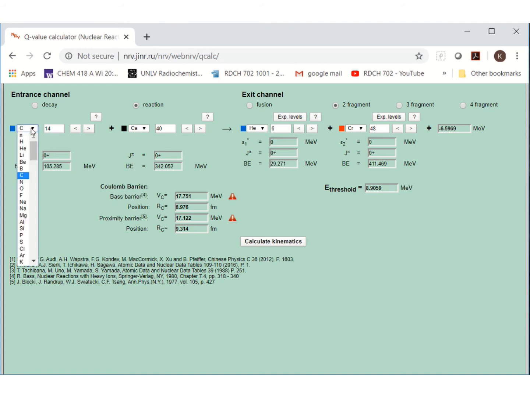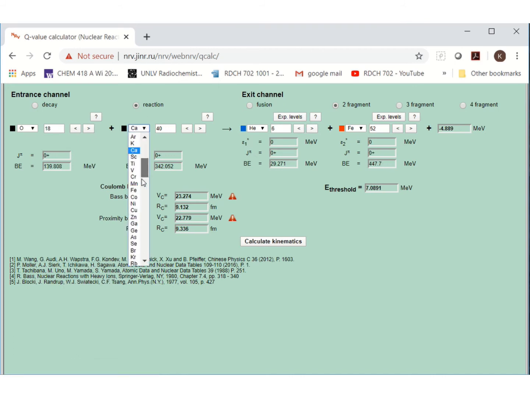Let's try something that I did as a graduate student. I would take oxygen-18, and we would bombard that into curium-248.